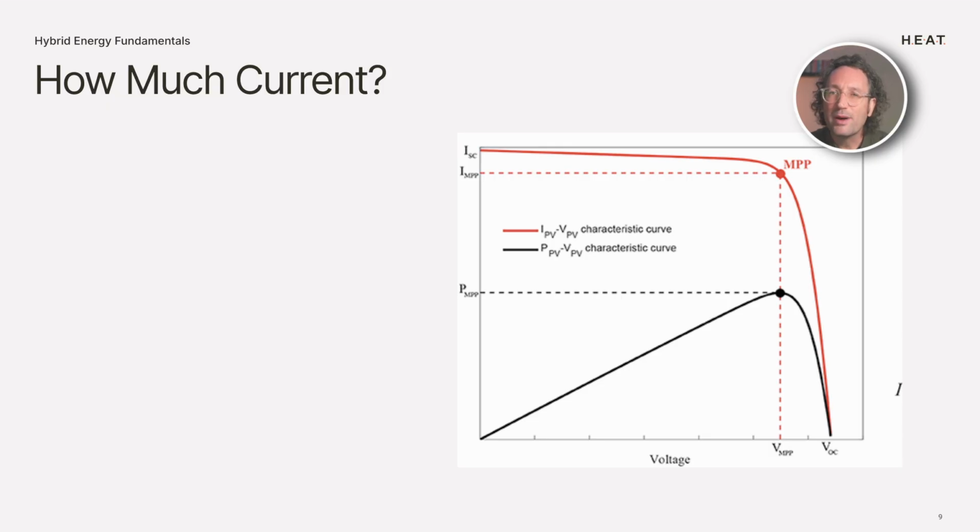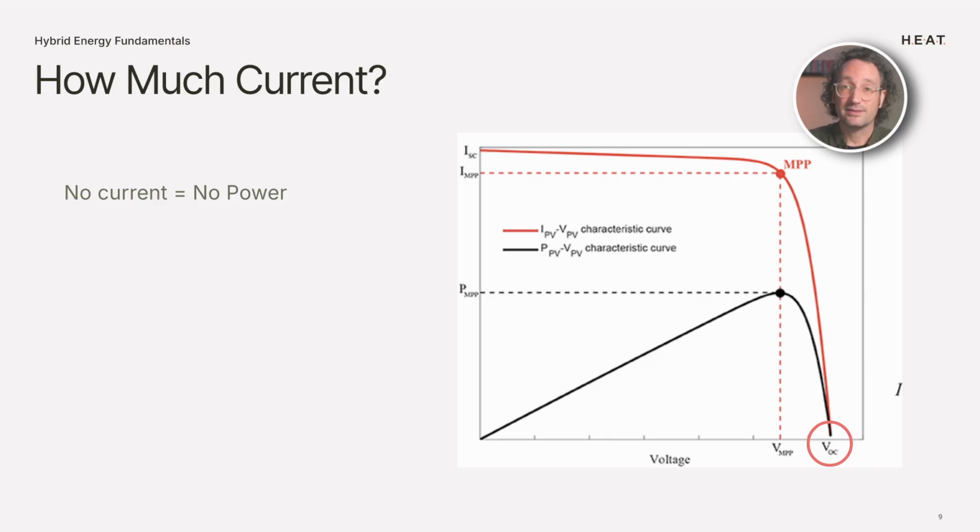But I want to dive a little bit deeper and ask ourselves, how much current is that inverter trying to set? Because it's got a choice. So let's look at the extremes to understand what's going on. We could start first by applying 0 current. In that case, we have some voltage times 0 current. That's obviously 0 power. So that's no good.